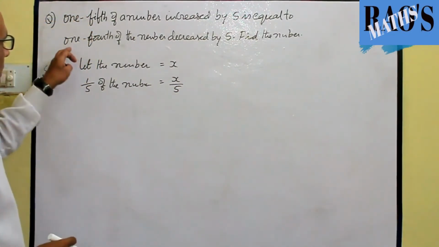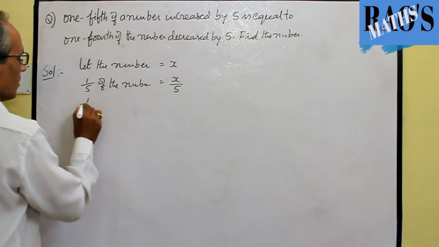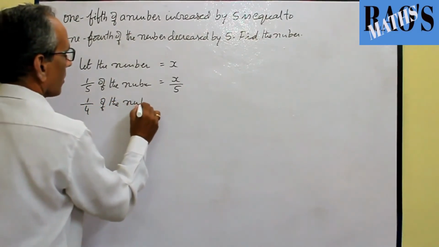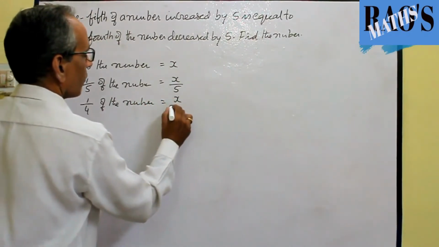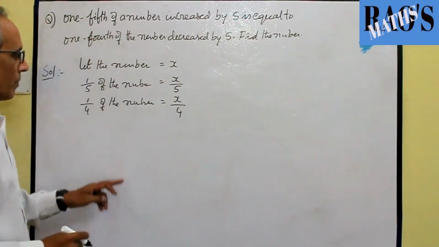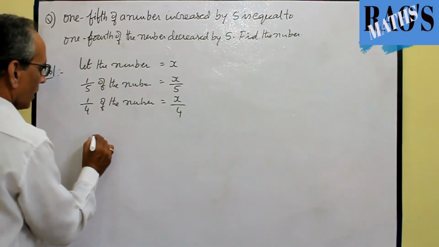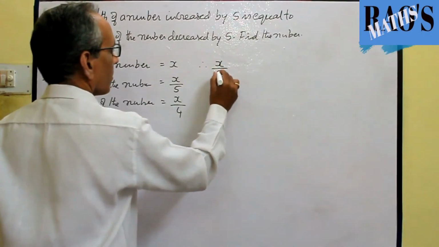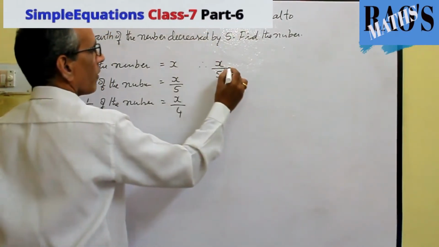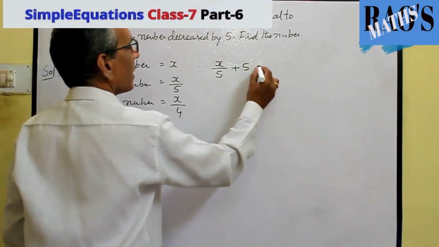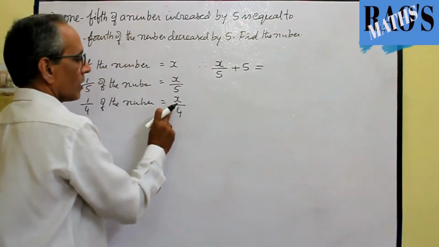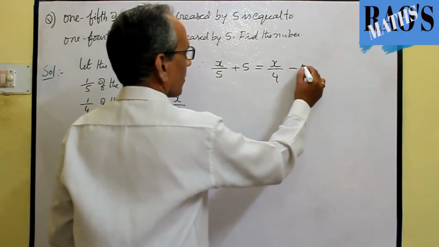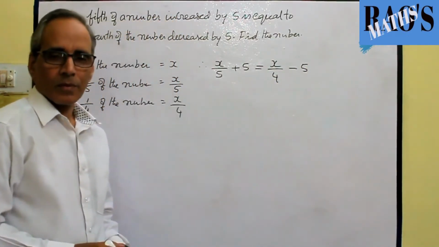Again, 1/4 of the number is equal to x by 4. Now apply the condition. What is the question? Therefore, 1/5 of the number increased by 5 is equal to 1/4 of the number decreased by 5. Okay, this is the equation.